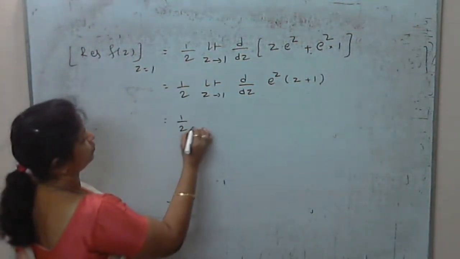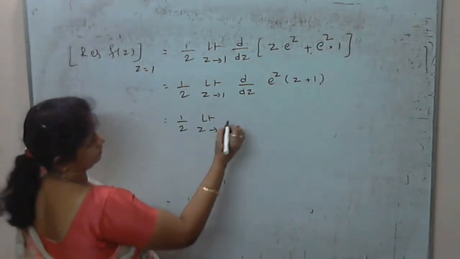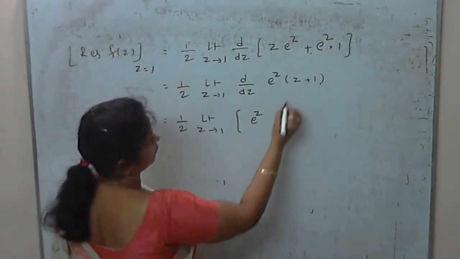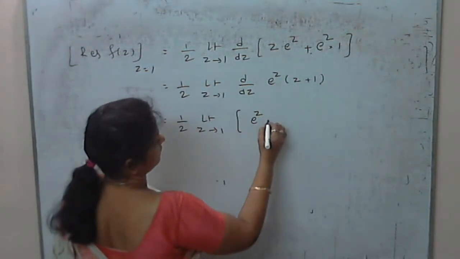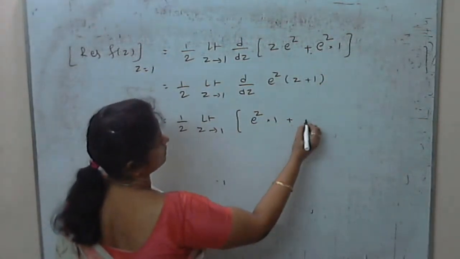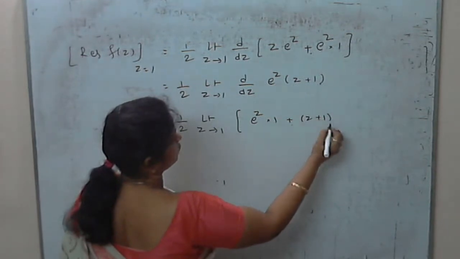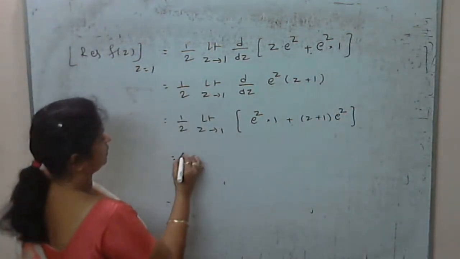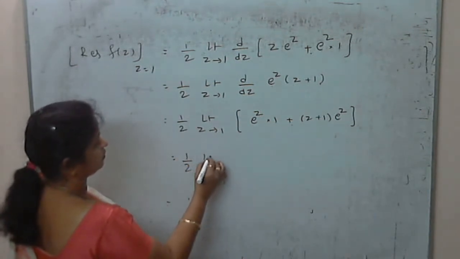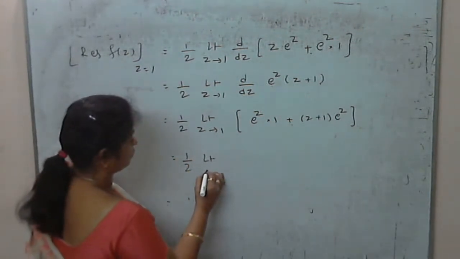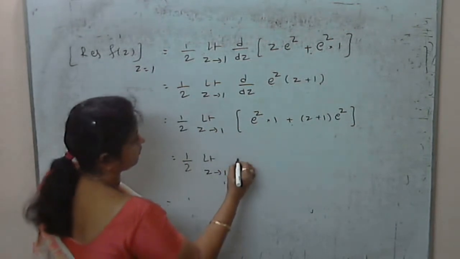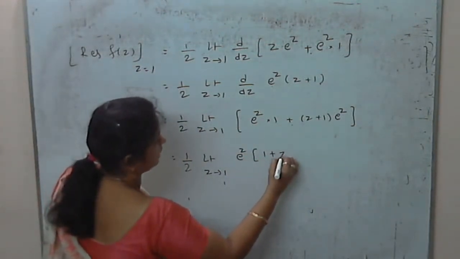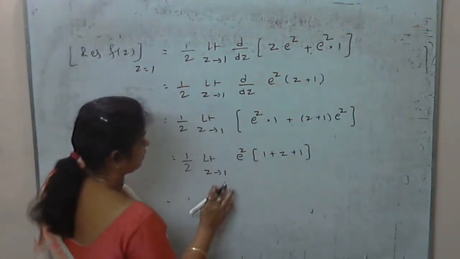So 1 by 2 into limit z tends to 1. Again applying the uv formula, e power z into what is the derivative of z plus 1, which is 1, plus z plus 1 into derivative of e power z, e power z. So 1 by 2 into limit z tends to 1, e power z into 1 plus z plus 1.